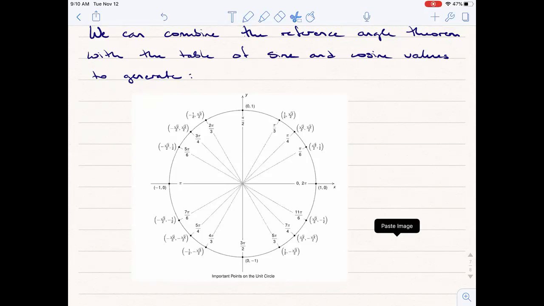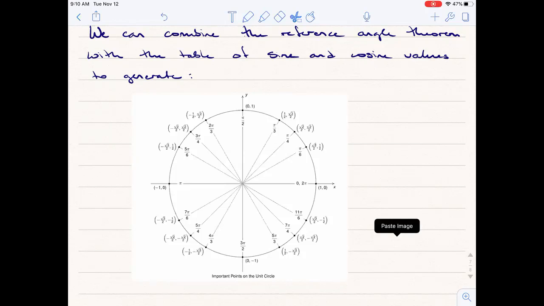The only thing that's changing is the sign of the x and the y depending on what quadrant you're in. And so that's why reference angles are so useful, because you really only need to know what this one looks like and then how x and y behave in each of the quadrants. Negative x, positive y, negative x, negative y, positive x, negative y.